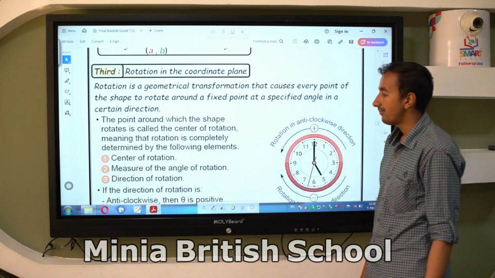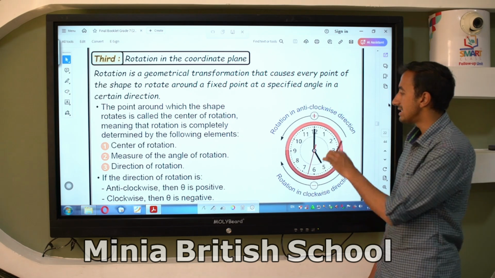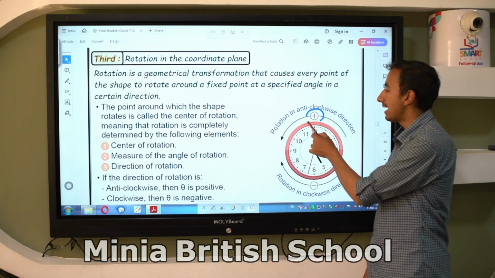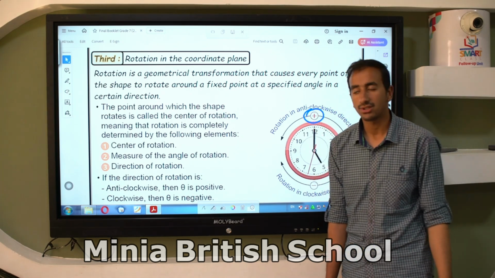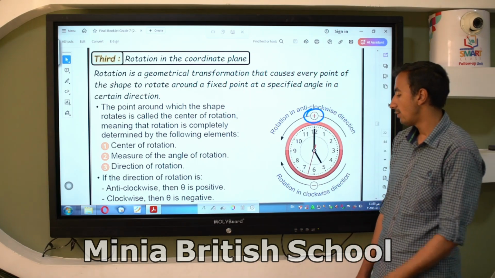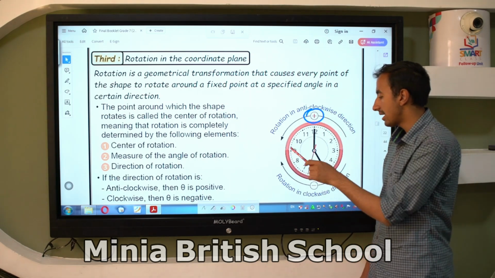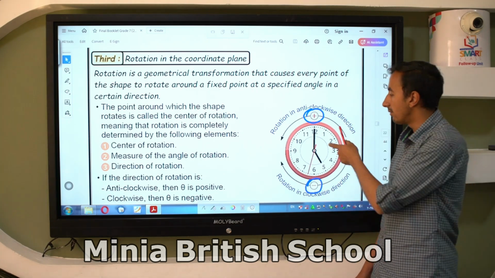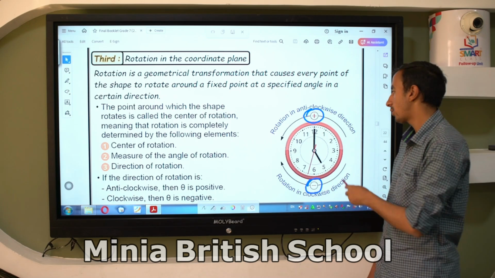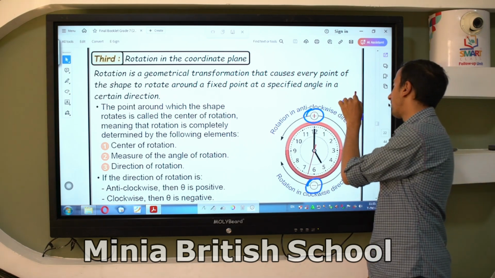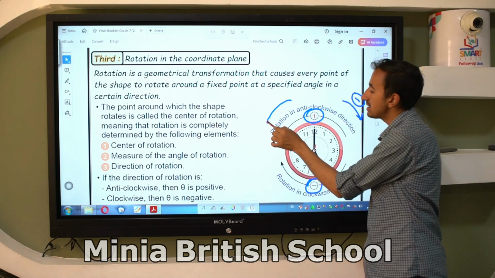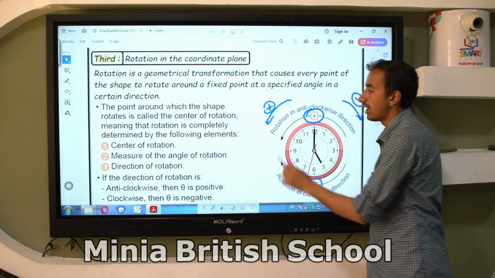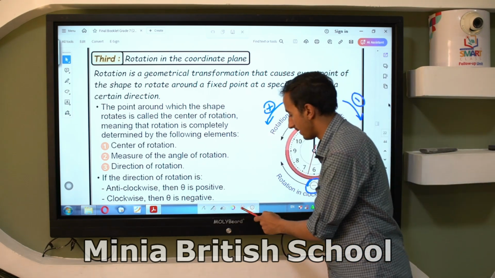And rotation counterclockwise is in the positive direction, clockwise is in the negative direction. Counterclockwise positive, clockwise negative. Okay? Yes. Here by inspection.